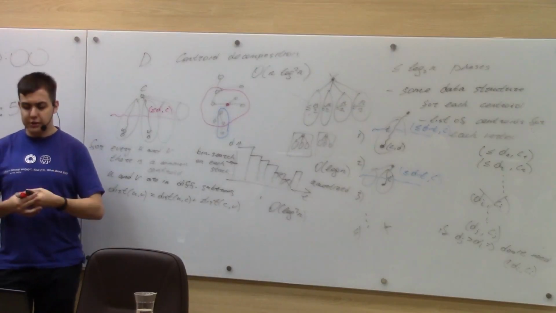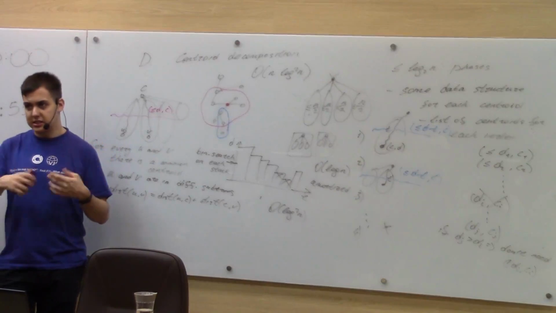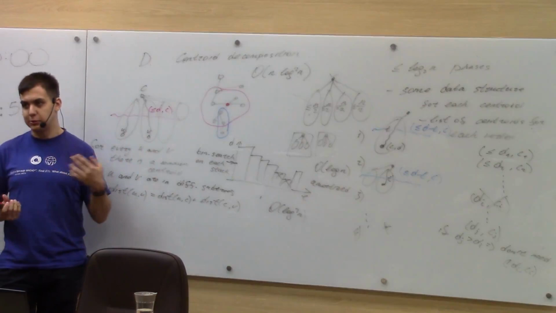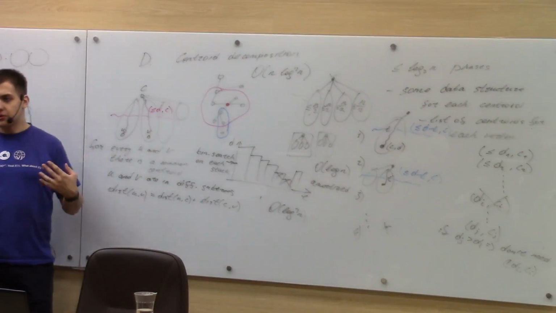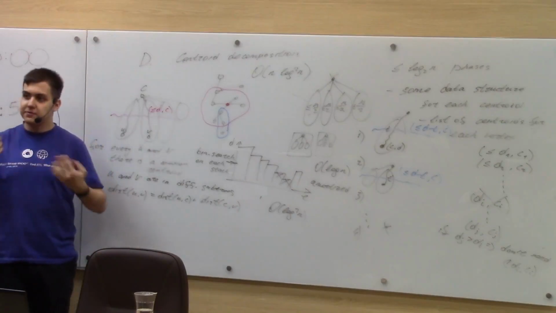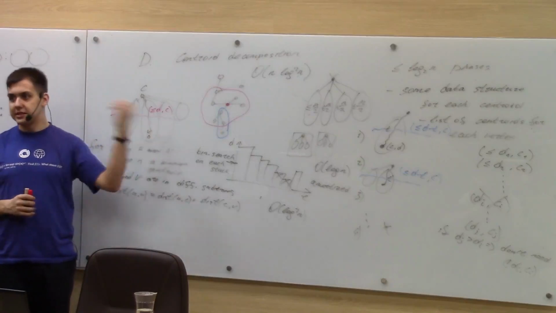So assume that you have a problem where you need to calculate distances. You just have some queries and you need to calculate distances between some pairs of vertices. The common solution for that is to use LCA, find the lowest common ancestor, and just find the distance to the LCA from the first vertex and the second vertex.